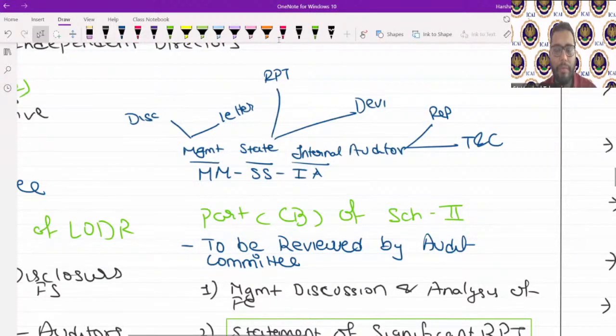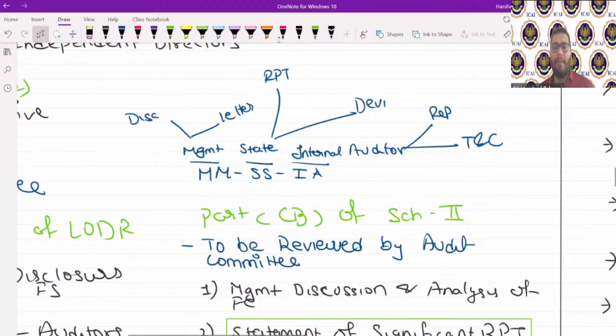Any doubt? Yes, at any point in time, paid up capital or turnover. So good question.